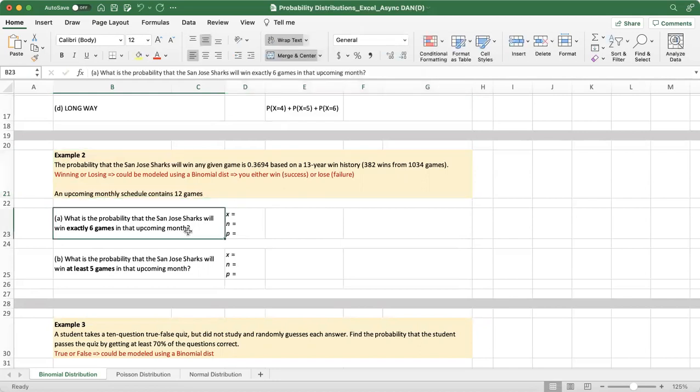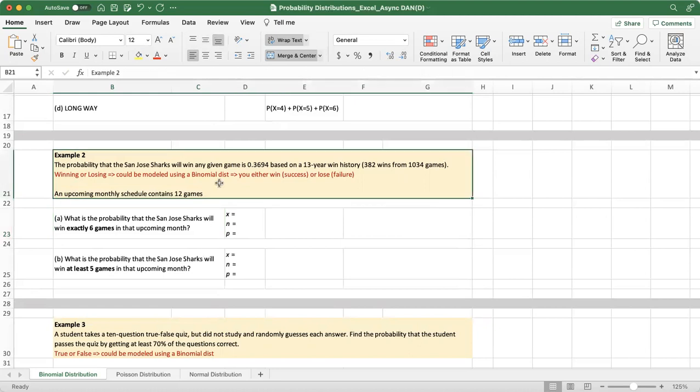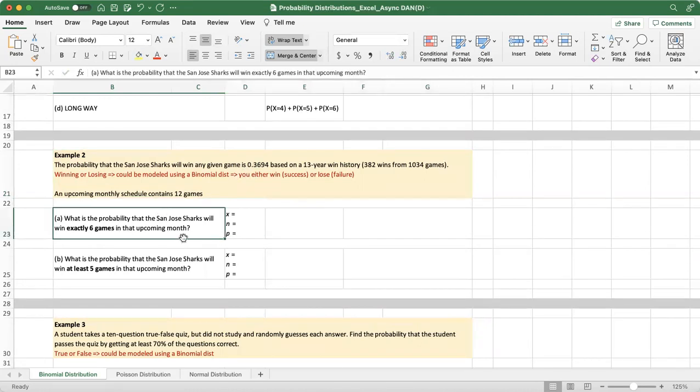Now, what's the probability that they will win exactly 6 games in that upcoming month? So we could think of 12 games as 12 different trials. The probability of winning any game is 0.3694, so the probability of success in each trial is 0.3694. And we want to find the probability of exactly 6 successes.